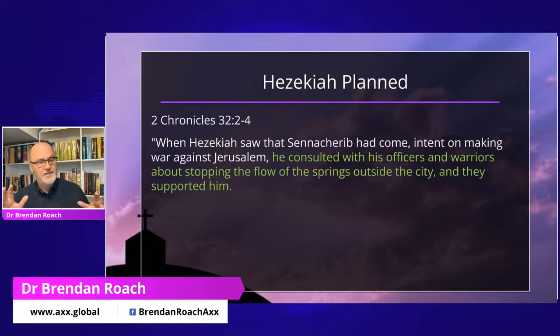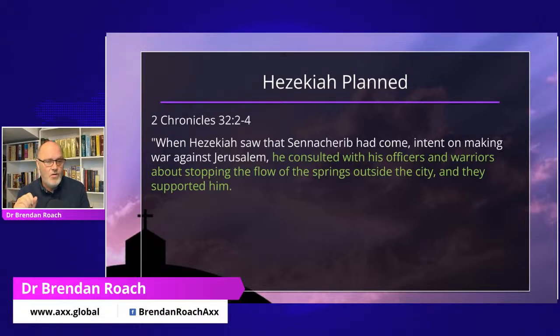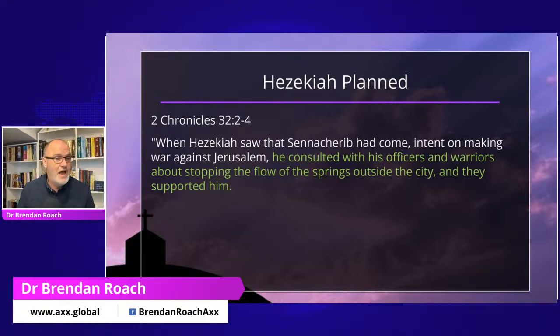Now, the city of Jerusalem was besieged a few times, and it was really important that if the water was cut off and the city was not able to get hold of it, then you could only store so much water. In the heat of the Israeli summer it would evaporate, and within months, even within weeks, the whole city would be dying of thirst.